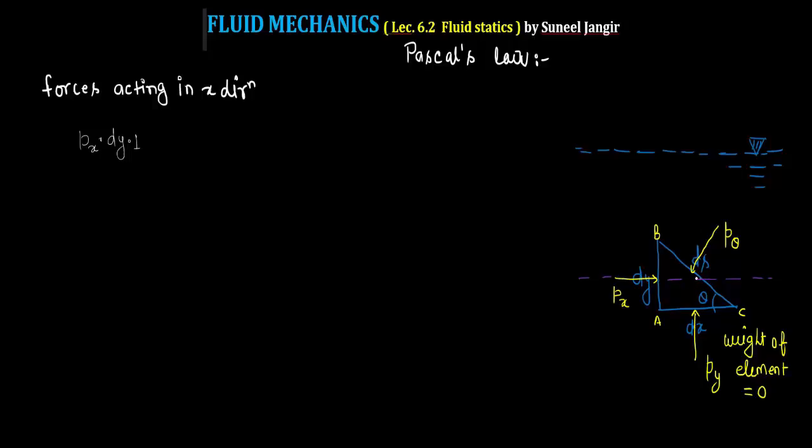But this is not acting in the x direction, so we can take a component here. If I draw a line here and also a line here, then if this angle is theta, this is also theta. This blue line and P theta are perpendicular to each other, so this angle is 90 minus theta.